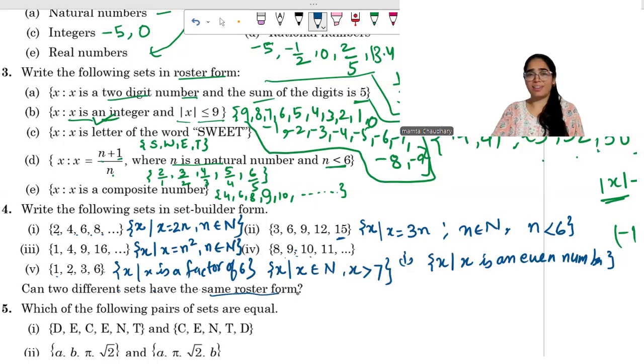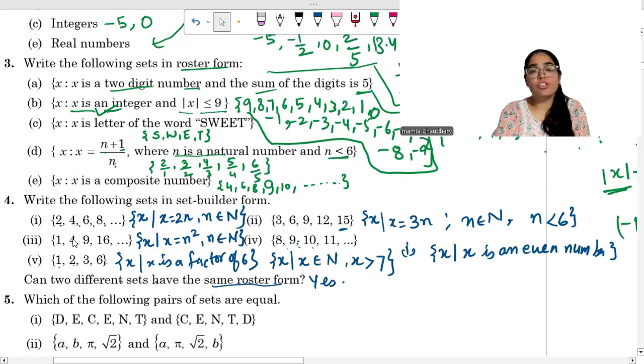Yes, it can. If I write one set like this and another like this, their roster form is the same. So two different sets can have the same roster form.